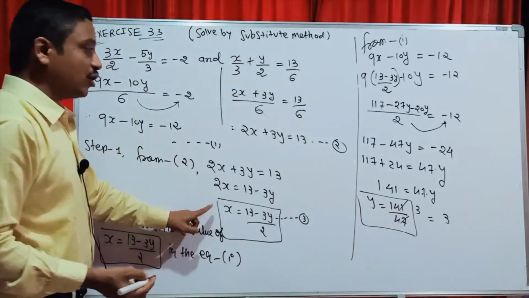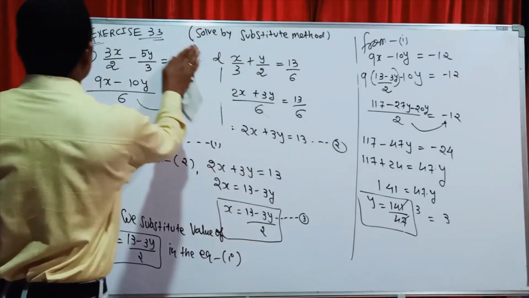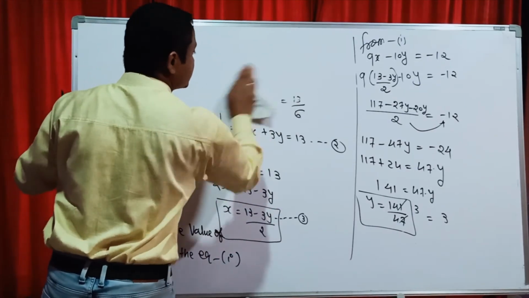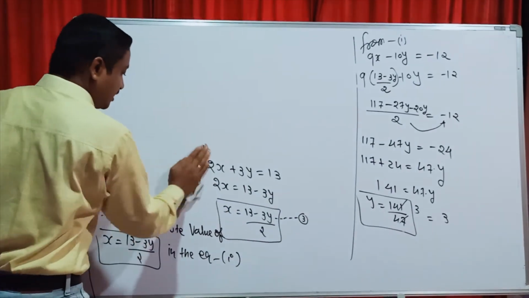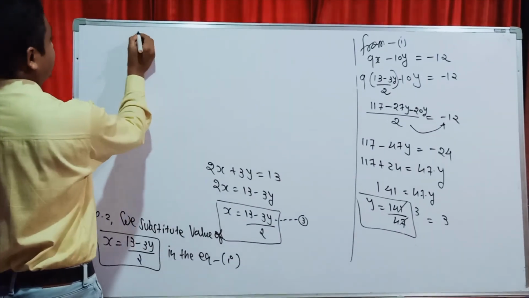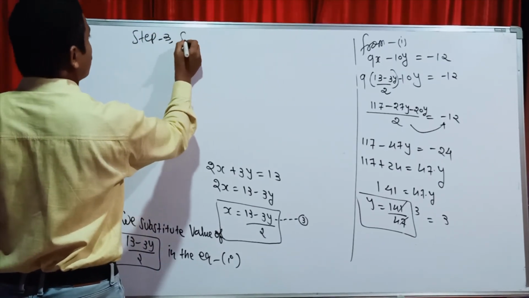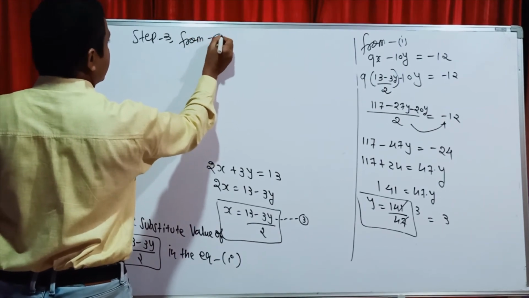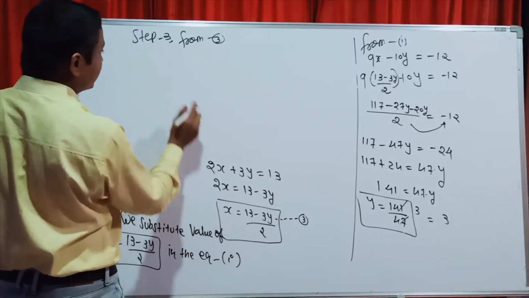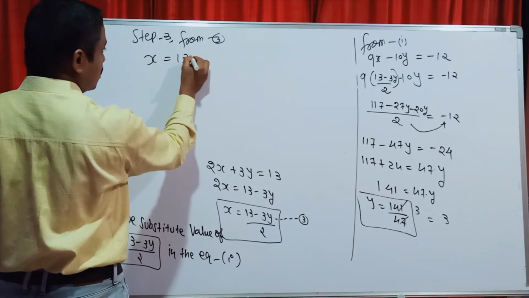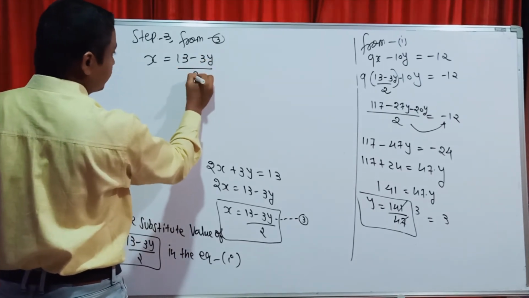Now I go to the last step, from 3. Yes, students, and after that we end our whole sum. Further step 3, which is from 3. What is from 3? This equation, x is equal to 13 minus 3y by 2.